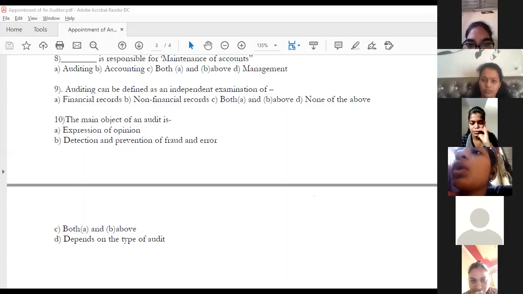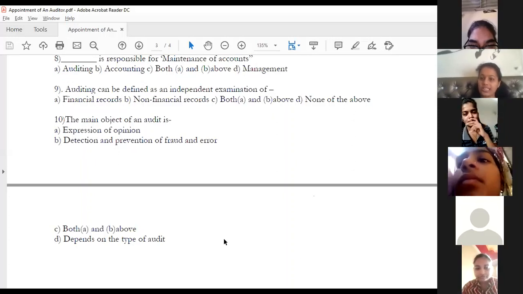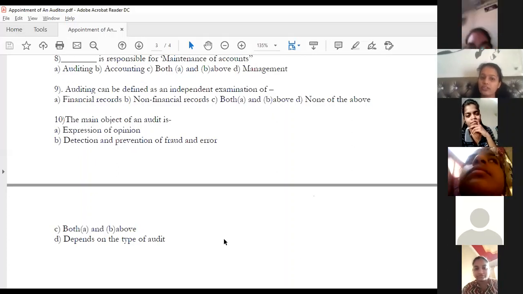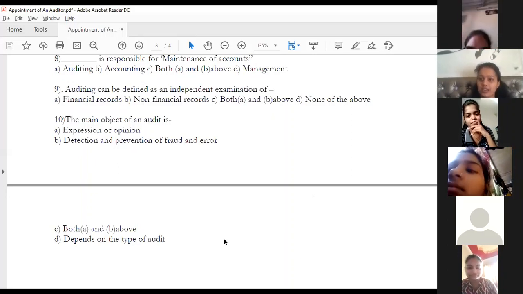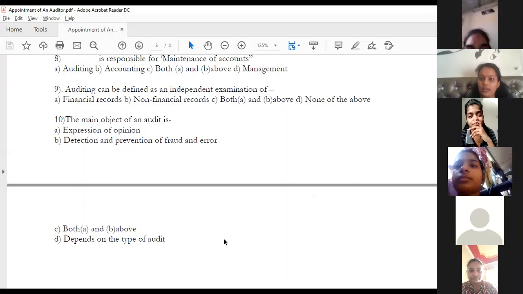Okay, fine, no problem. The main objective of auditing is expressing an opinion. That is the primary objective of an audit. Detection and prevention of fraud and error is a secondary objective, but the prime objective is to express an opinion, and that opinion is true and fair.